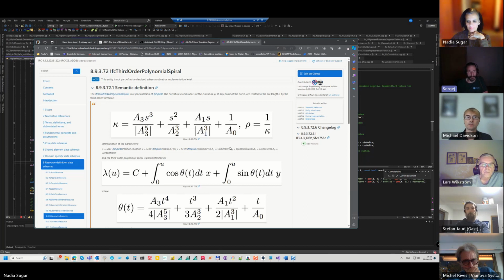Its curvature is length times these terms, so that's actually fine. And the direction angle theta is also fine. It seems fine. But again, this a0 term is problematic here.